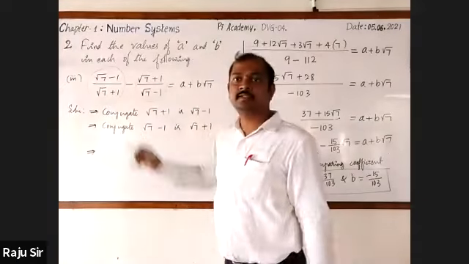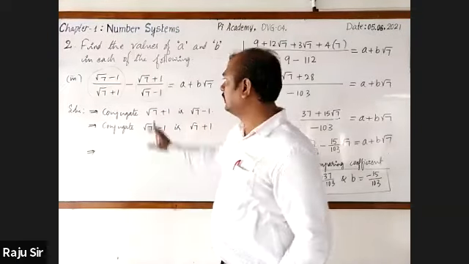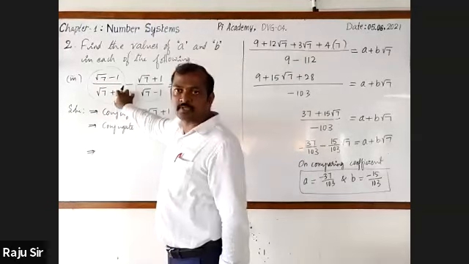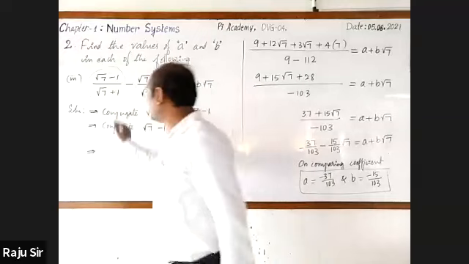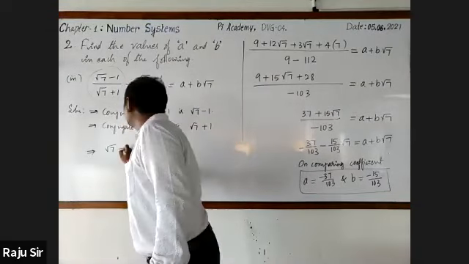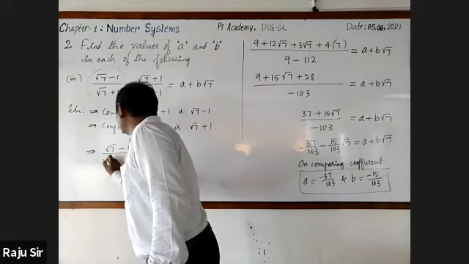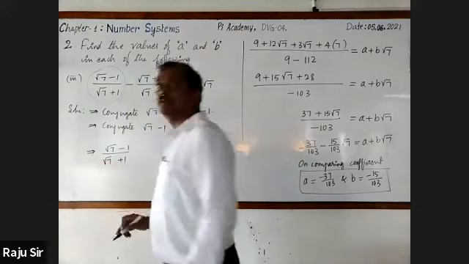Next, let's write the LHS part. In the LHS part, two terms are there. I'll take part by part. First part: root 7 minus 1 by root 7 plus 1.